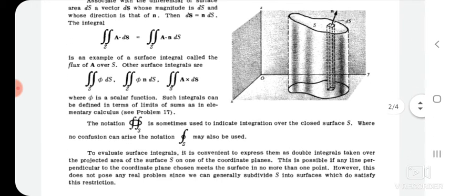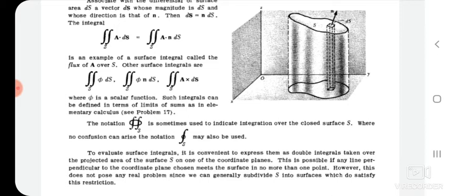To evaluate a surface integral, it is convenient to express it as a double integral taken over the projected area of the surface S on one of the coordinate planes. This is possible if the line perpendicular to the coordinate plane chosen meets the surface in no more than one point.